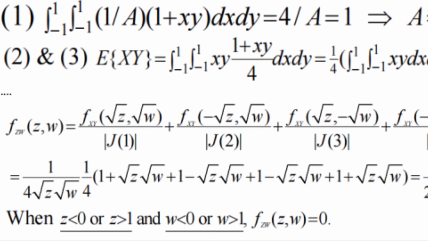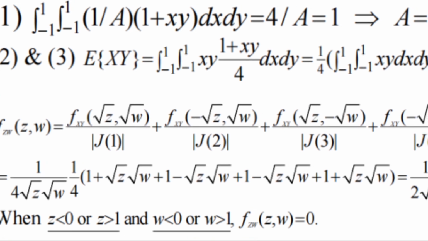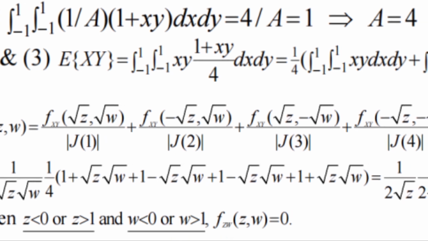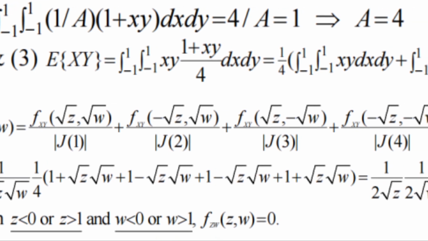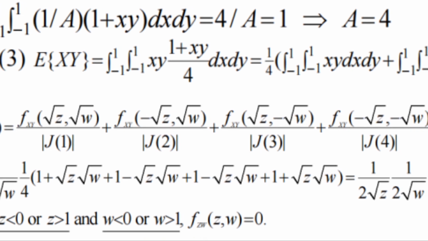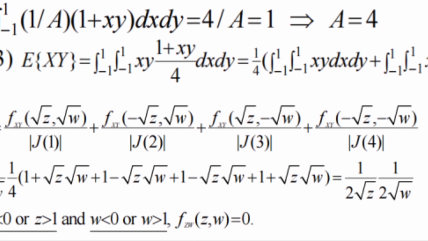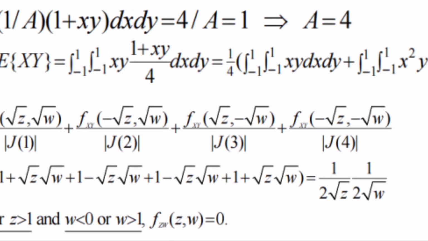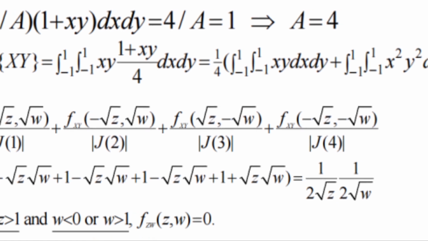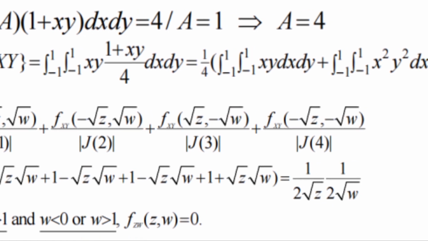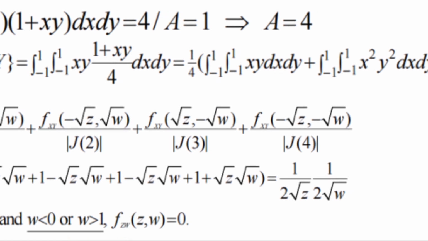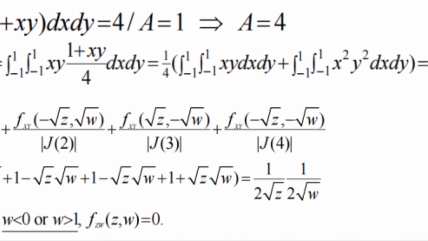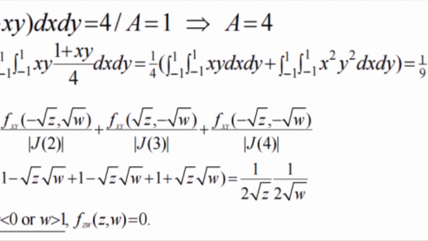In the clues to homework 6, we can see for problem 1, they gave us the first 3 questions to answer. For question 1, we get capital A equals 4. For questions 2 and 3, we know that when z is smaller than 0 or z bigger than 1, and w smaller than 0 or w bigger than 1, f_ZW equals 0.